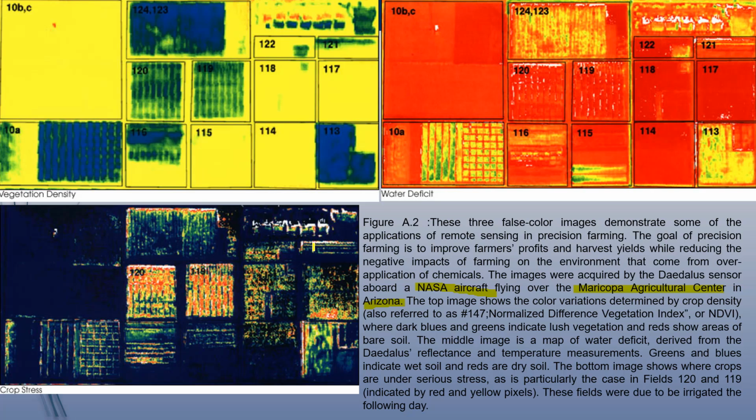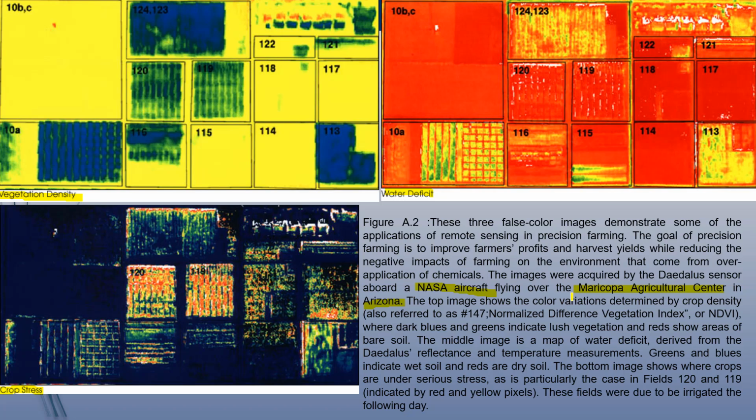From these figures, the first one is showing vegetation density, the second figure is showing water deficit, and the third one is crop stress. So these false color images demonstrate an application of remote sensing in precision farming.